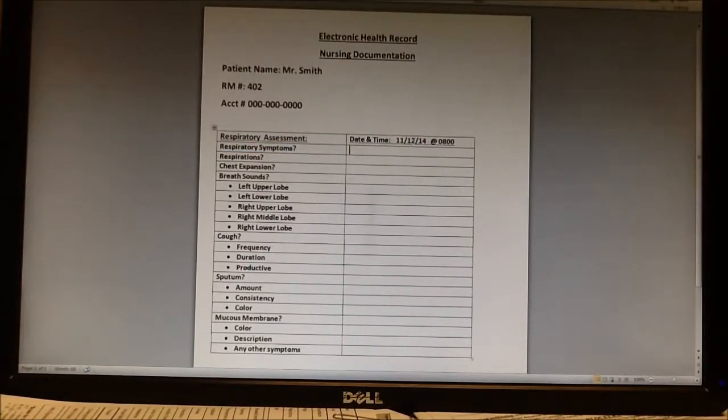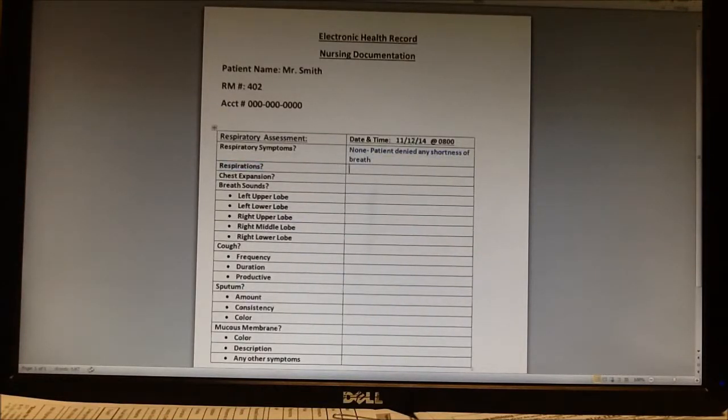And now to the questions within the EHR. For his respiratory symptoms, there were none, and the patient denied any shortness of breath. His respirations were not normal.